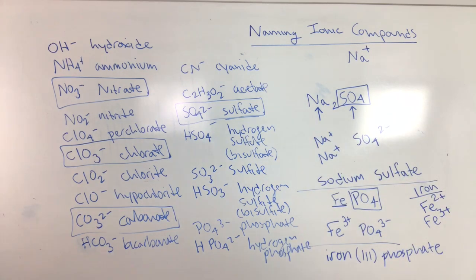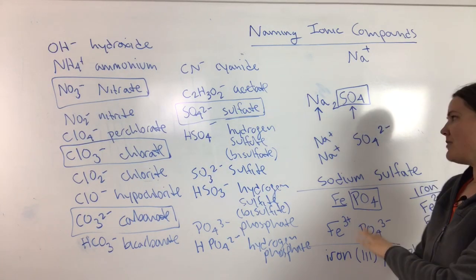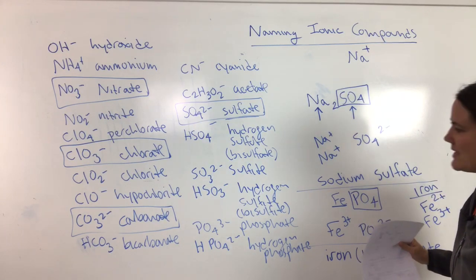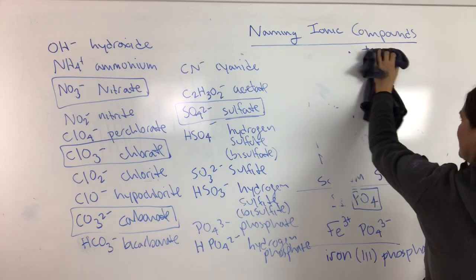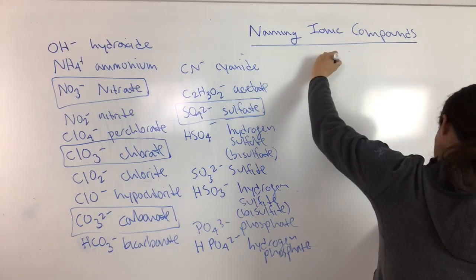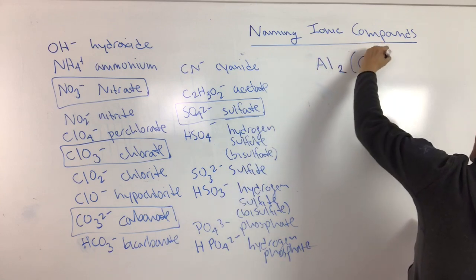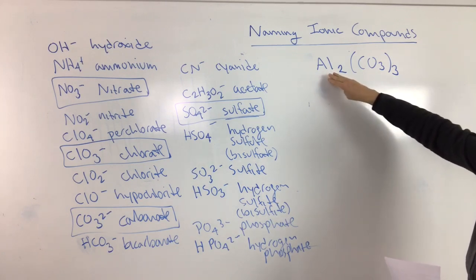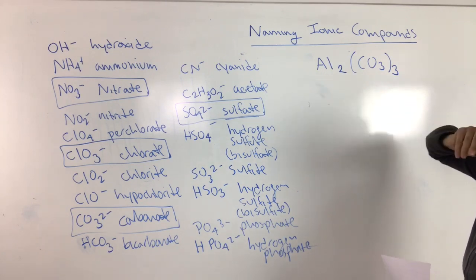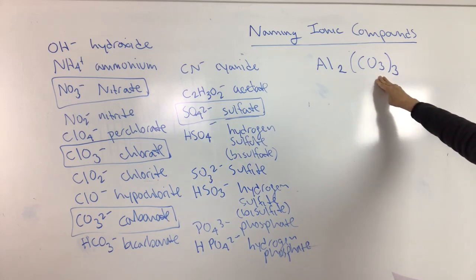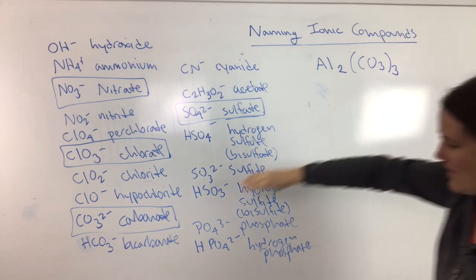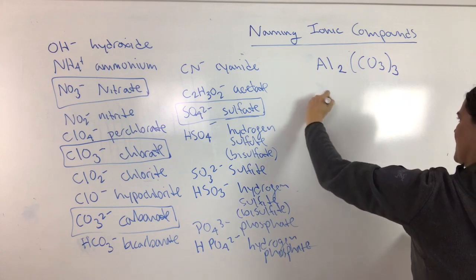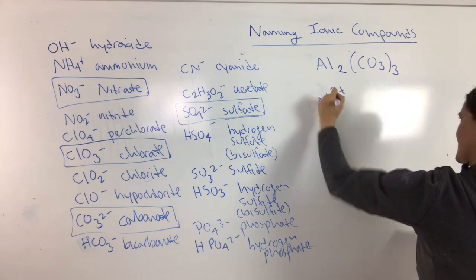Let's do a couple more. Like I said, the way to get good at naming compounds is to practice naming a lot of compounds. And so that's what we're going to do. Let's say that we have Al2(CO3)3. First of all, we have aluminum, which is a monoatomic ion, and we have carbonate, which is a polyatomic ion. So carbonate is right here. First of all, just looking at this, aluminum always forms a 3+ charge.